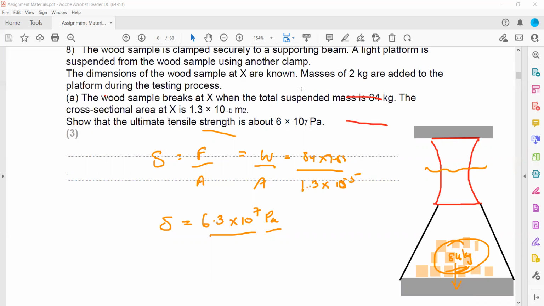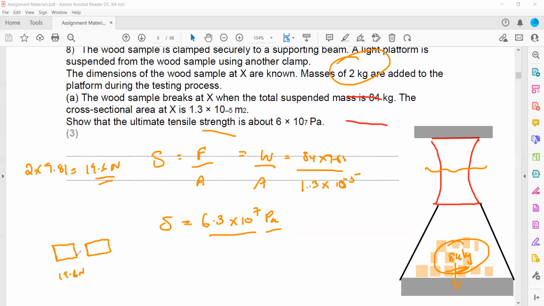Because if you check the question, every time we are adding 2 kilograms. So 2 multiplied by 9.81 equals 19.6. So every time we are increasing the load by a force of 19.6. First when we place a load, it was 19.6.